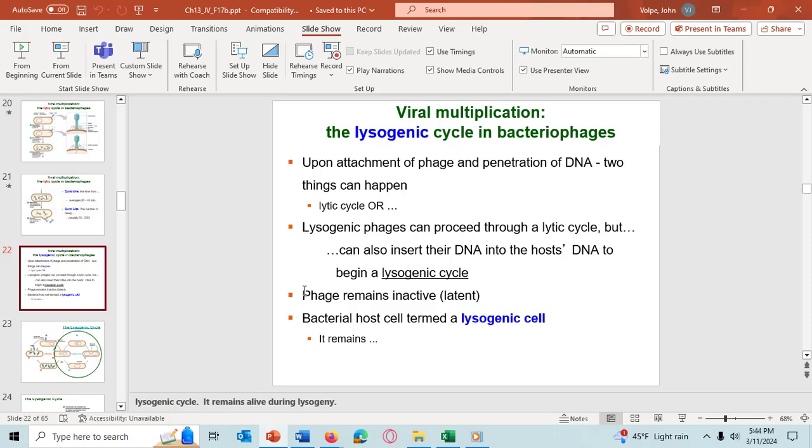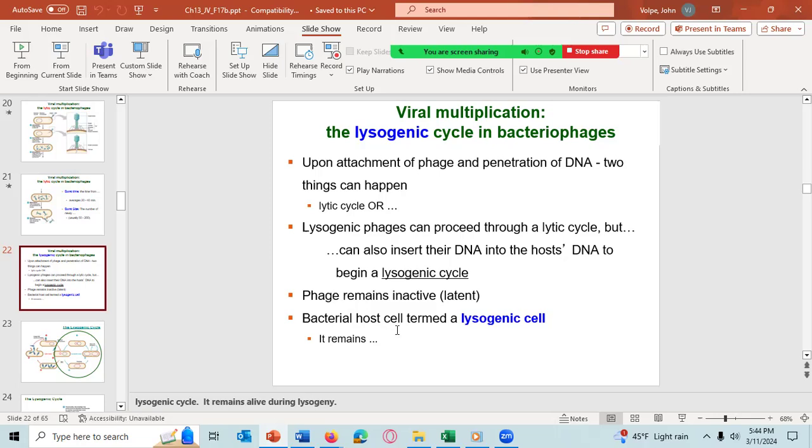What happens is the bacteriophage lytic life cycle genes are suppressed, so they go latent, meaning there are genes that are important in replicating the virus in the lytic life cycle. These genes are suppressed while the virus stays in the lysogenic life cycle.